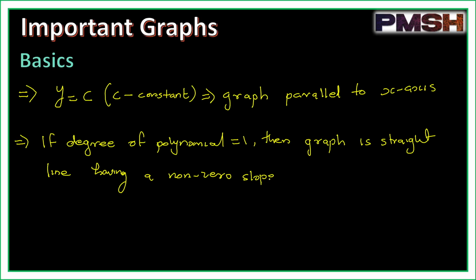Here, in the first case, when y is equal to c, where c is a constant, the graph will be parallel to the x-axis, or you can say the slope is equal to 0.